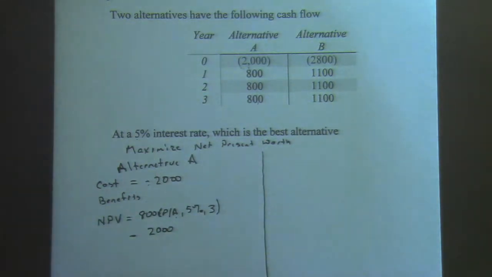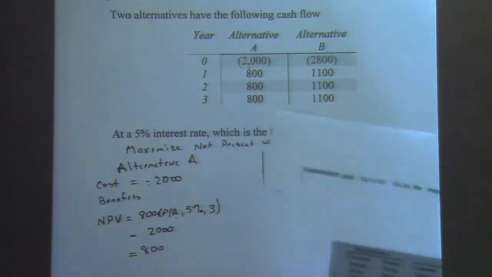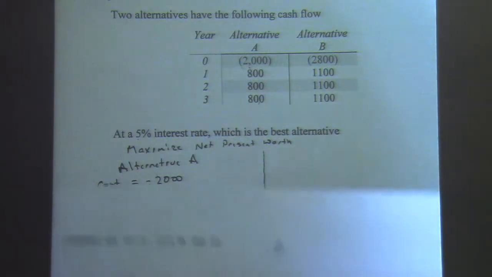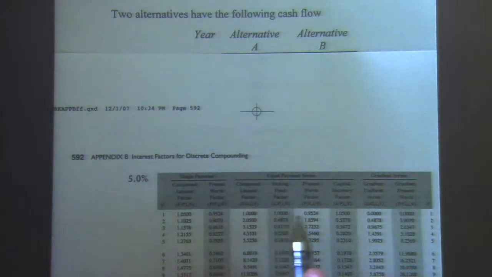So in this case, the net present value will be the $800 from our 5% table. And again, this table is from the internet. I found it on the internet instead of having to dig through and find our appendix C each time. So I can see that on the 5% table, we are looking for the present given annual, for 3 years.